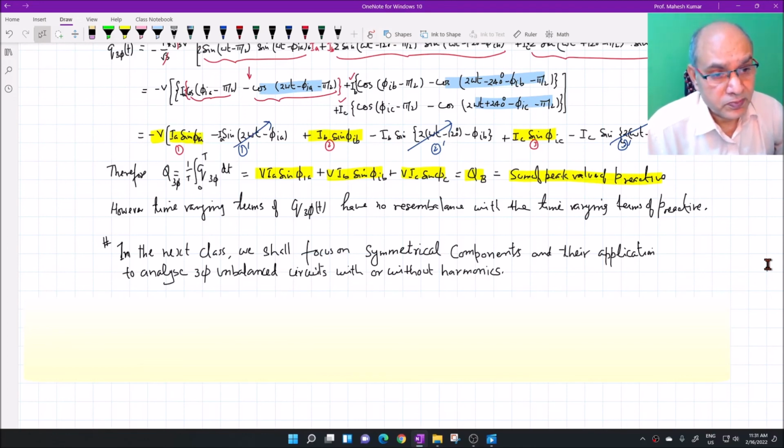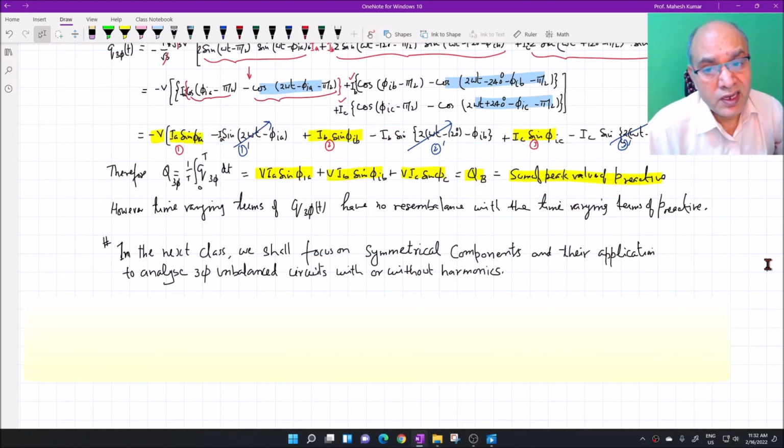We have seen that for a three-phase balanced system, the instantaneous reactive power is same as the Q, or sum of the peak of the P reactive. However, the time varying part of instantaneous reactive power has no resemblance with the time varying nature of the P reactive.